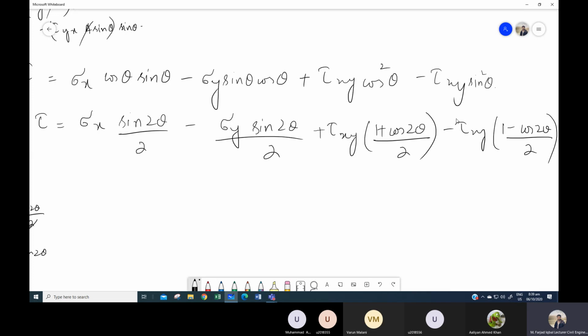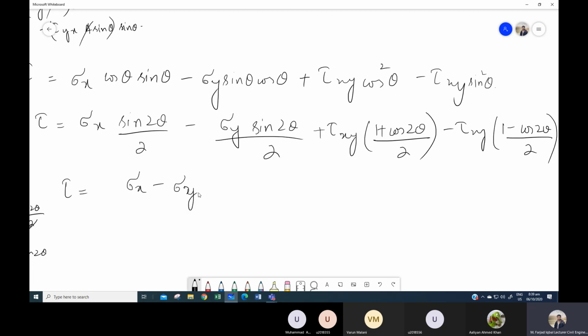So if I simplify this, what will I get? Tau equals to... I can take this sine 2 theta as common.